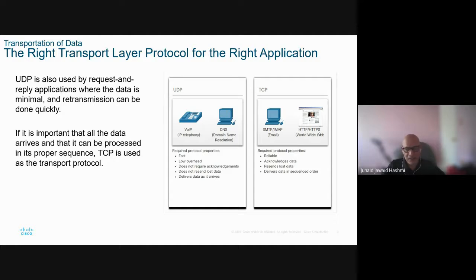Now, as I said, it's not us, network engineers or network support people, who decide which protocol to use. So why do we need to have knowledge of these protocols? Again, it's the same thing: for troubleshooting, network monitoring, and to improve network performance.